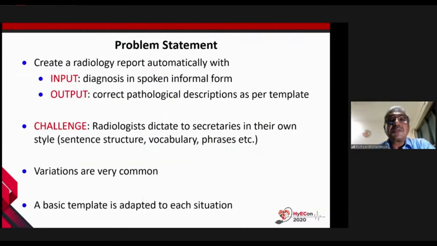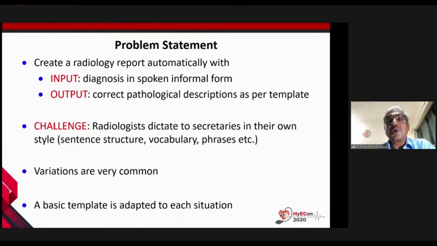Now, the problem statement is as follows. Create a radiology report automatically, where the input is diagnosis in spoken informal form. So the radiologist looks at the plate and dictates the diagnosis. The output is a correct pathological description.